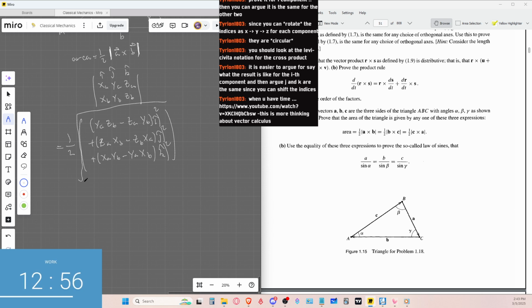So vector A and vector B, and then if you take the cross product, you take a vector that's perpendicular to those two.